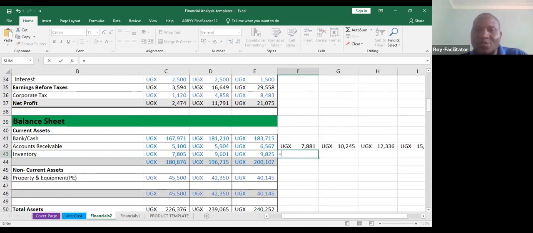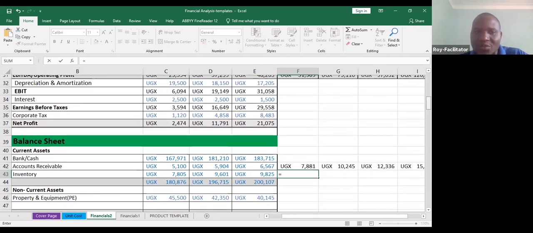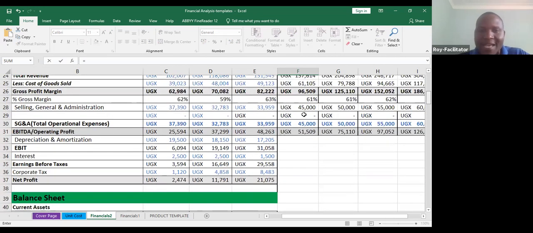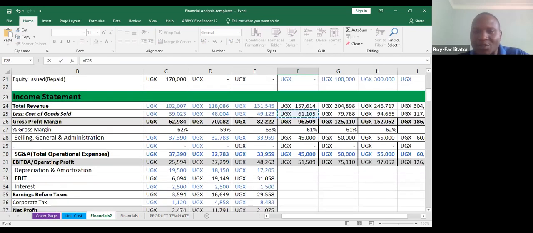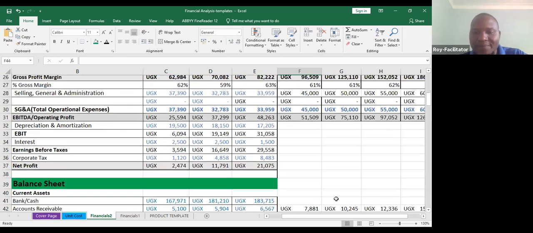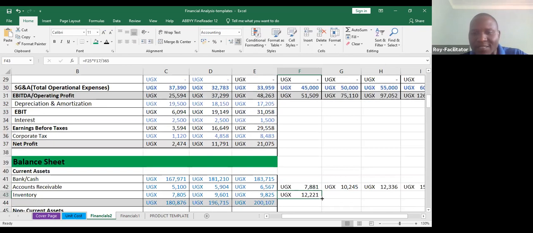Because stock is part of cost of goods sold, it's a function of cost of goods sold, I'll pick the cost of goods sold, which is here, multiplied by the number of days it takes for me to sell stock, because at the end of the year I will still have some stock. 73 divided by the 365 days. That will give me a figure. I'm going to remove the decimal points and then extrapolate this.